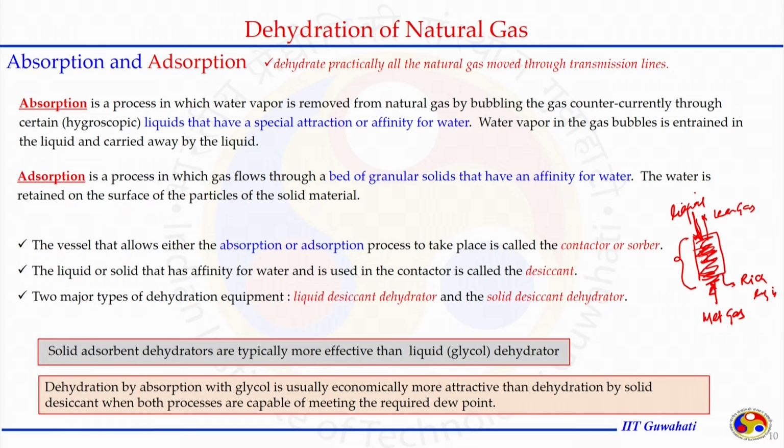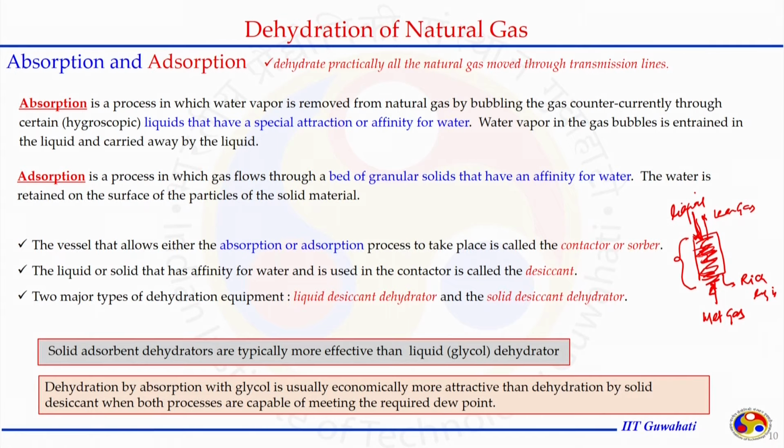But in general terminology it is called an absorber or contactor. The liquid or solid that has affinity for water and is used in the contactor is called the desiccant. So, when we have the absorption process, the desiccant is liquid, and when we have the adsorption process, the solid packing is the desiccant.